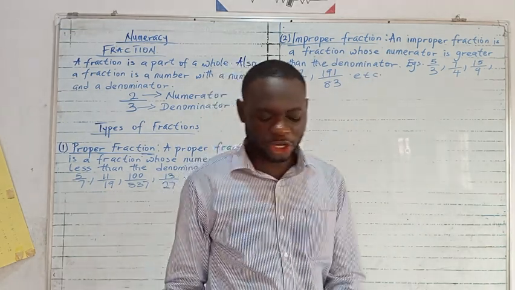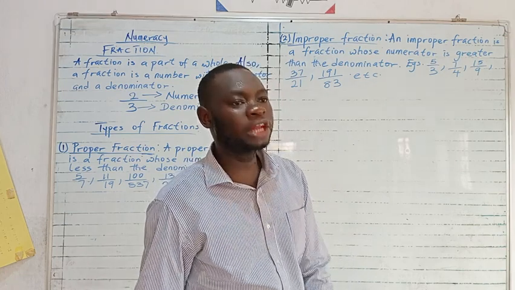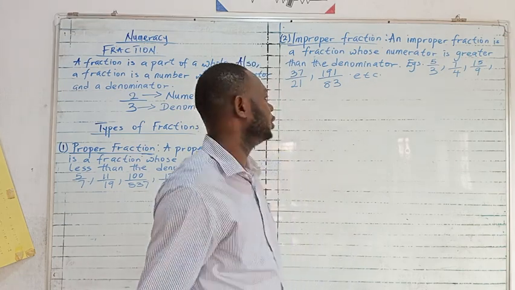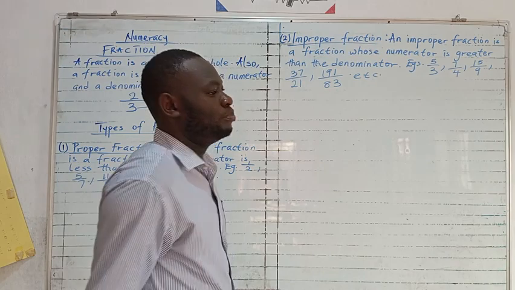So all fractions whose numerator is bigger than the denominator are called improper.